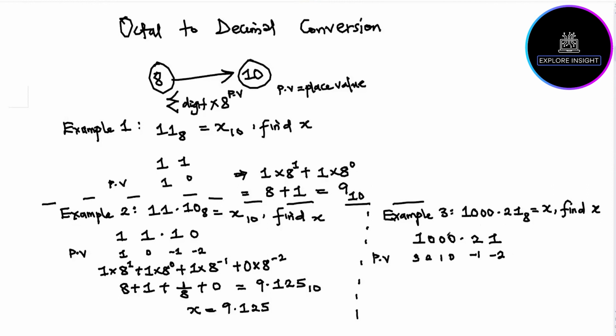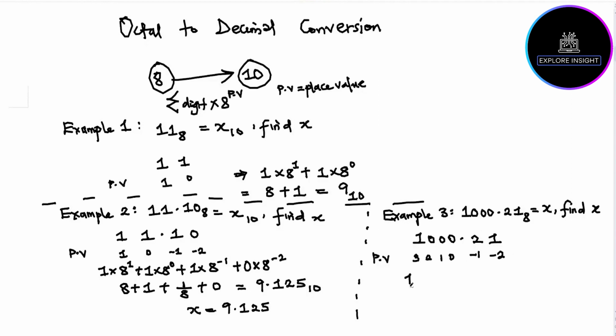Now, at this point, we are to have 1 times 8 raised to the power 3, 0 times 8 raised to the power 2, but anything that multiplies 0 will definitely be 0. Imagine yourself in an exam situation. You wouldn't have enough time, so you just have to discard anything that has 0, because anything that multiplies 0 will be 0, and be interested in only this value that has 1.